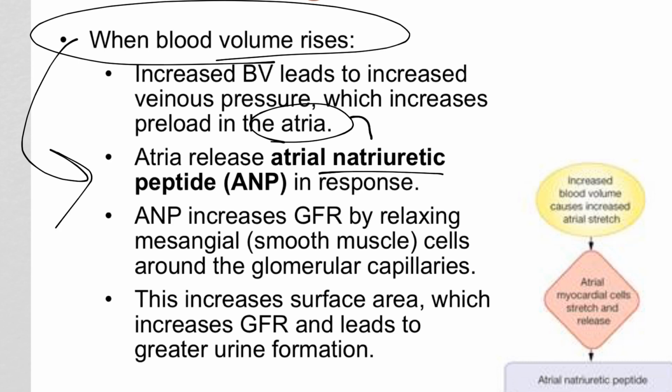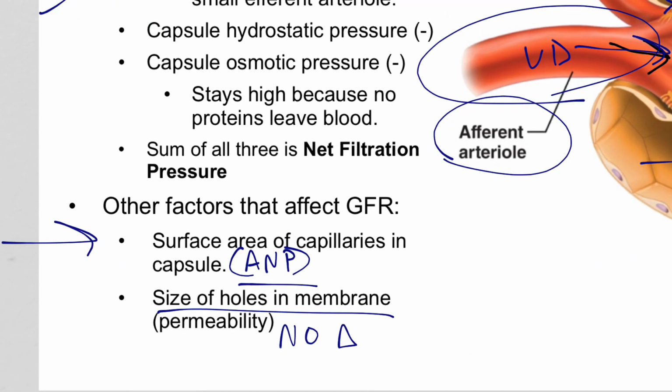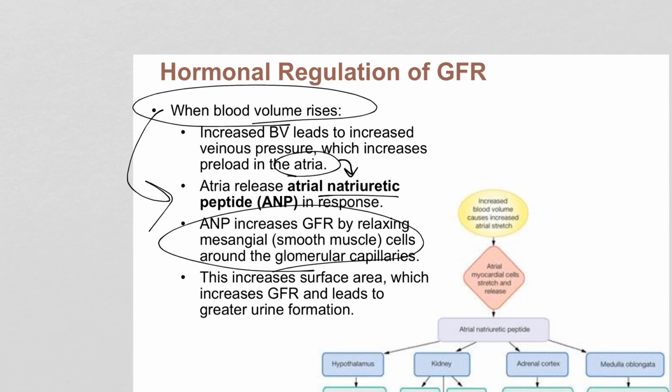The atria release ANP. ANP targets smooth muscle cells in the glomerulus. Right? This is what I mentioned back here. If you relax the smooth muscle around those capillaries, you'll increase surface area. And if you increase surface area, you'll let more fluid out. And so the end effect of ANP is to increase GFR.